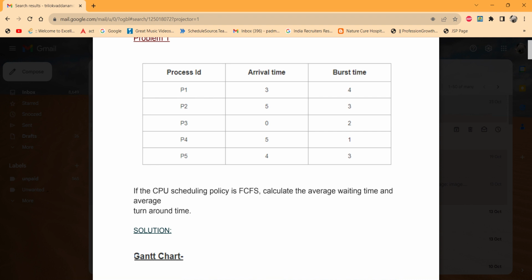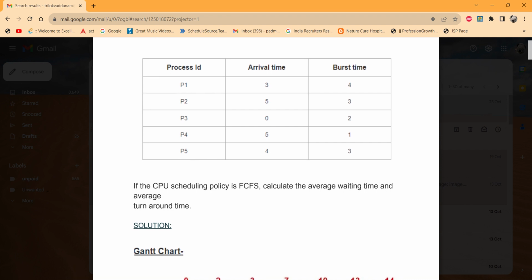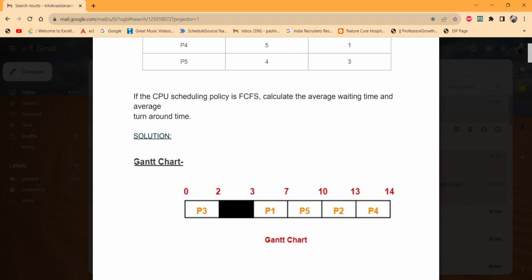As you can see, process P3 has arrived at 0. It has been given 2 units as burst time. So it has been executed for 2 units in the Gantt chart, and after 2 units the process P3 is being sent out of the CPU because its burst time is over. It has completed its IO execution and it has terminated.